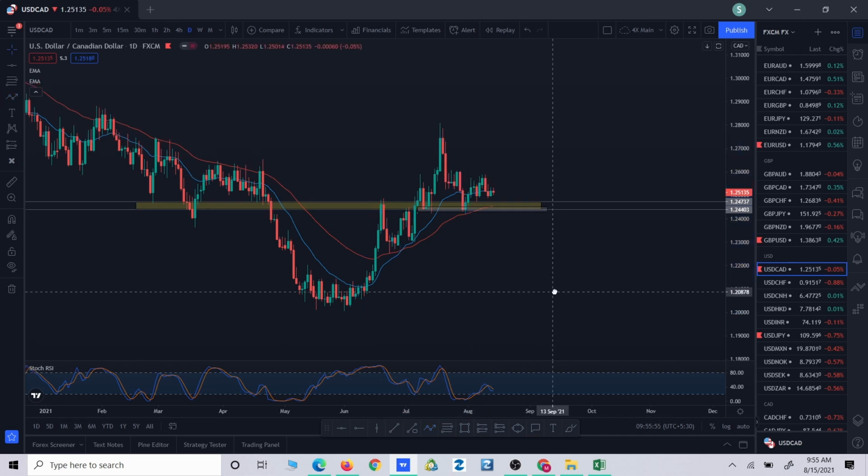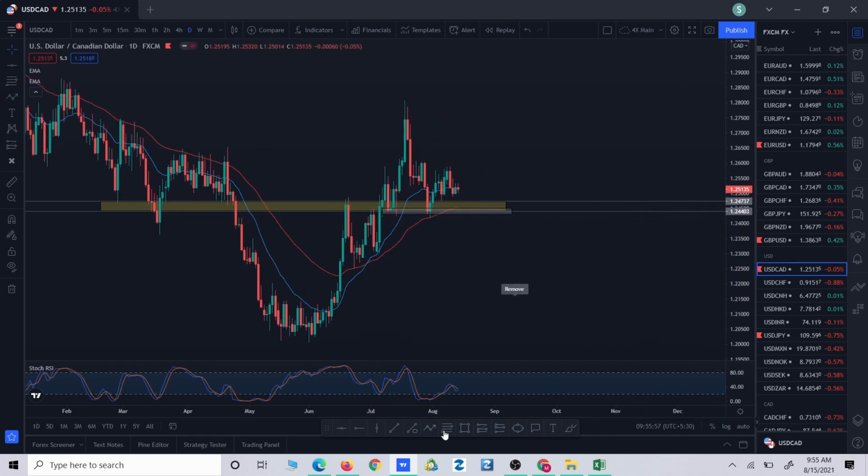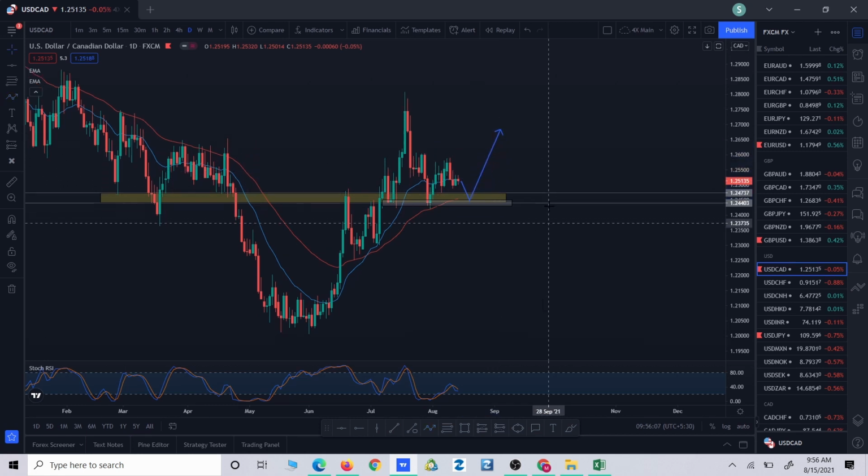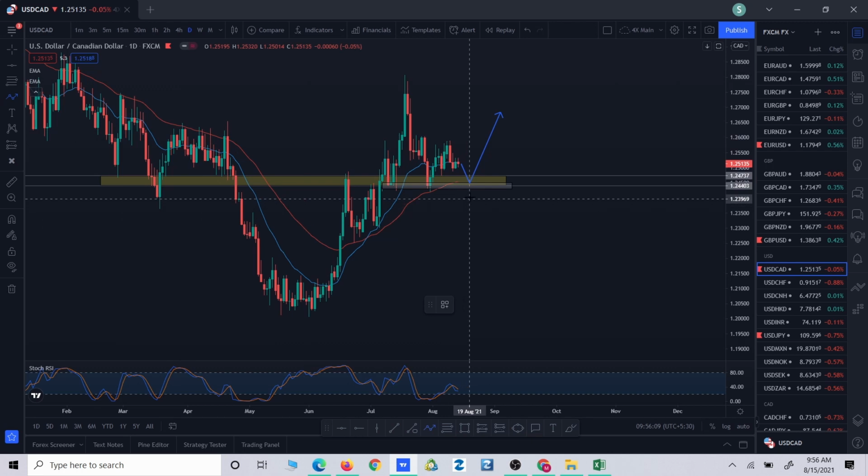If we talk about the possible trading setups, then I would say if the price pulls back again to the broken zone, then on any kind of bounce or rejections to the upside, we can go long. That's going to be the first setup. If the price doesn't bounce and just breaks and closes below this zone, then we can wait for a pullback into the broken zone and go short.